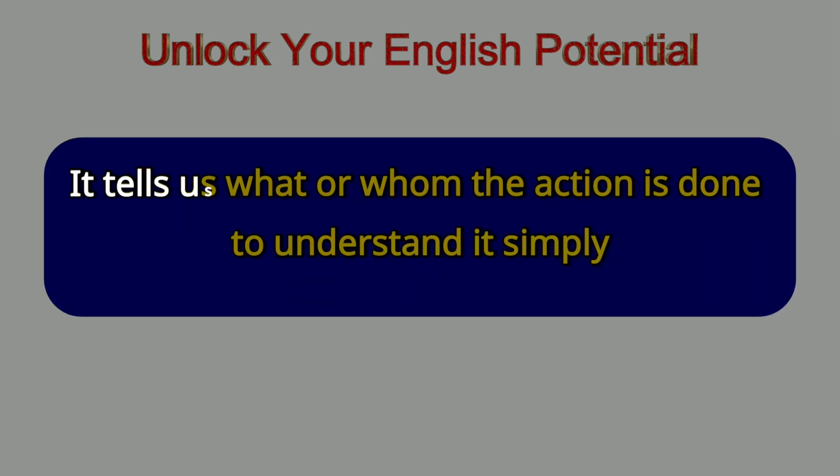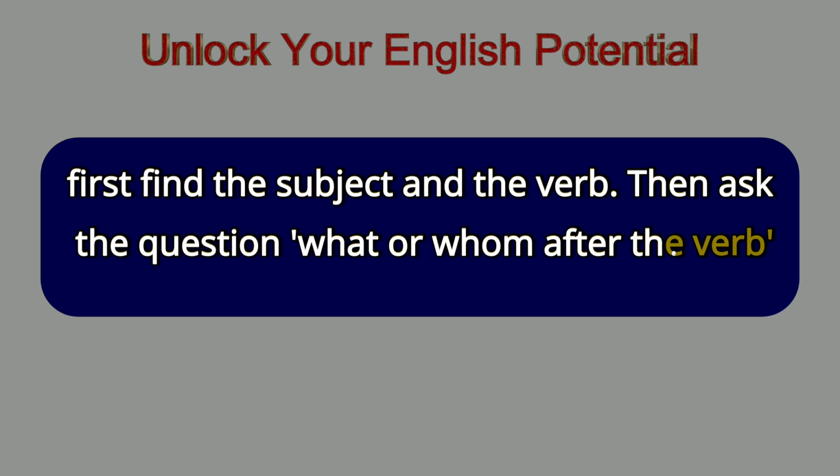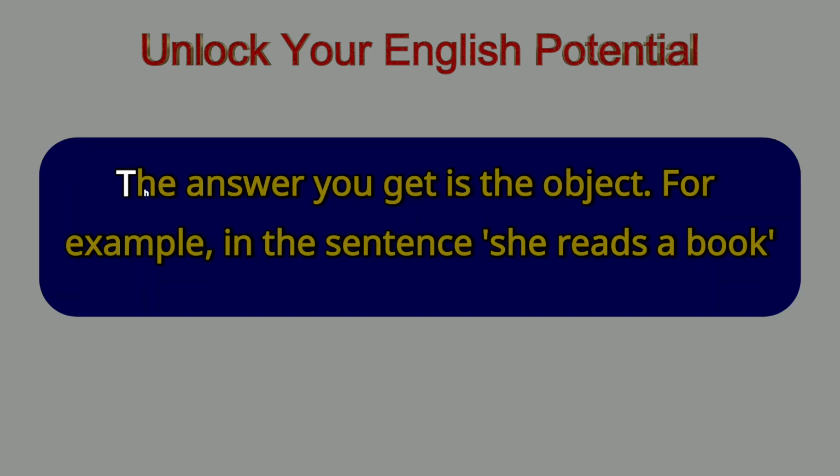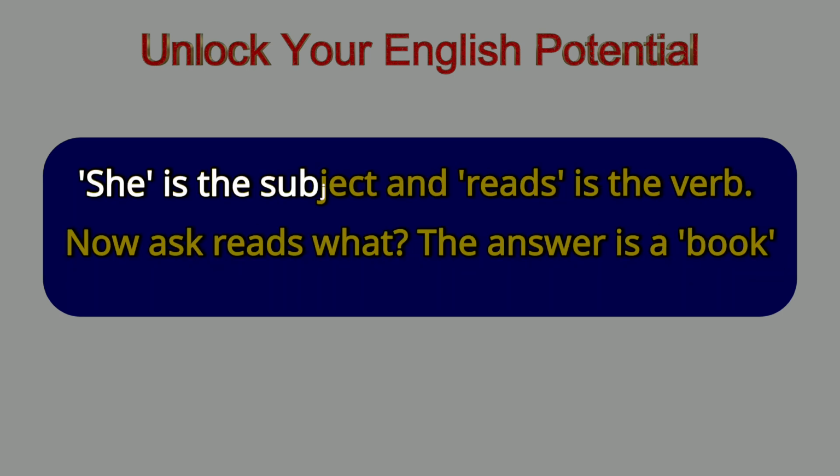It tells us what or whom the action is done to. To understand it simply, first find the subject and the verb. Then ask the question what or whom after the verb. The answer you get is the object. For example, in the sentence, "She reads a book," she is the subject and reads is the verb.